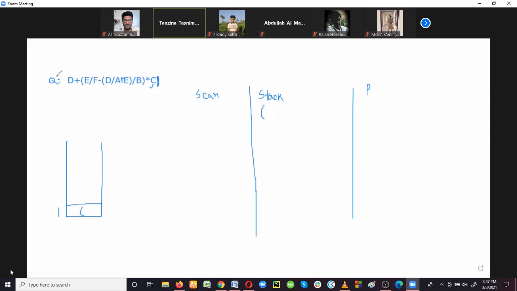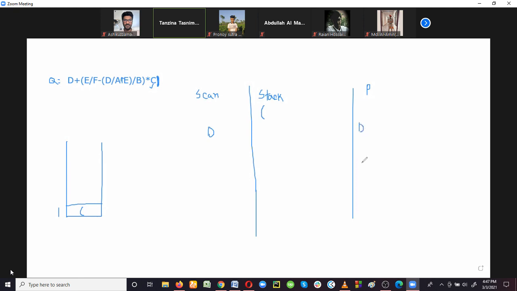Okay, so we can start from the first element of this infix notation. If we scan this infix notation, at first we will get the operand D, right? When we are scanning this infix notation, if we get an operand, just store that operand into the postfix notation.